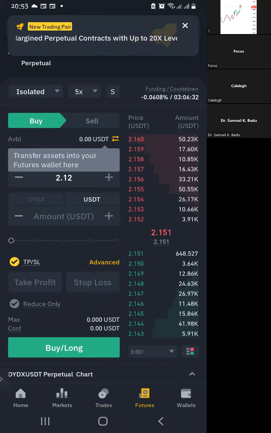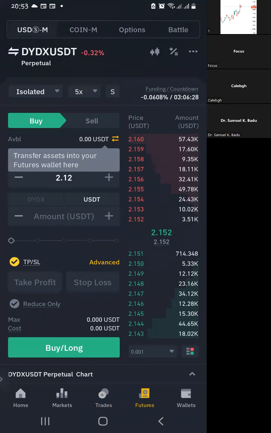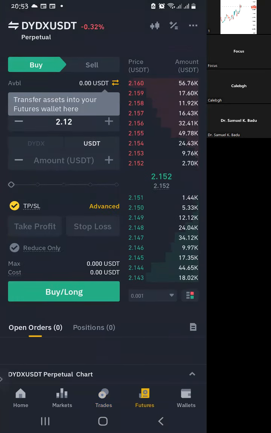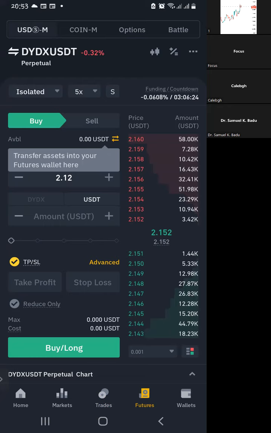Now you see that it looks almost the same as spot trading, but with a few adjustments. You can see the trading pair at the top. Then you can see something like isolated. You can see 5x there. Then you have your buy and sell buttons. Then you have your amount.